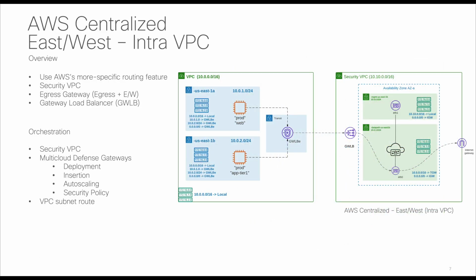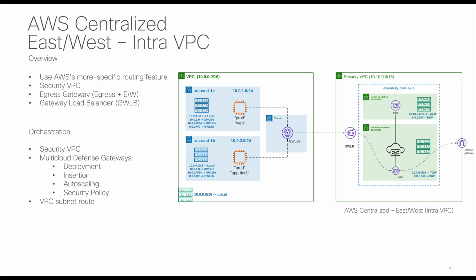The other common use case is you have your VPC, and inside of that VPC you have multiple subnets. When you have multiple subnets inside a VPC and you would like to have inter-subnet filtering based on your routing, there is something known as the more specific routing feature which is available on AWS. We use that particular feature to route traffic to security VPC for inspection. So one way to protect this traffic is to use security groups, but security groups are L3, L4 controls.